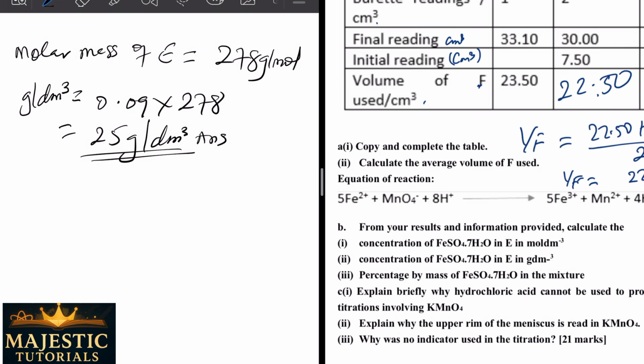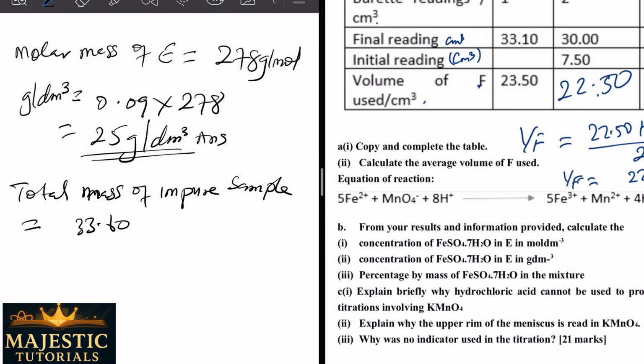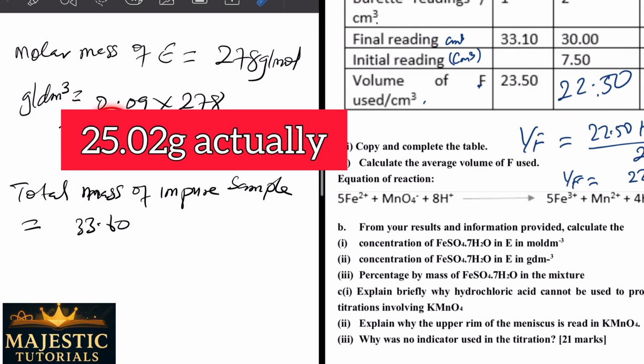Total mass of impure sample, that's the one given, is equal to 33.60. But the pure sample that participated in the titration is 25. So out of the 33 provided, that's the pure sample of iron 2 sulfate heptahydrate.